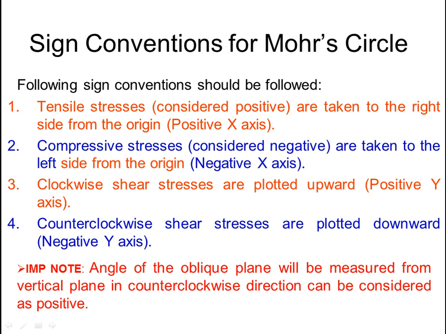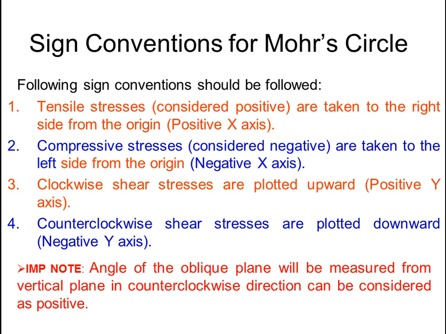So in a given problem, there are two types of stresses, either tensile in nature or shear in nature. The normal stress can be divided into two parts, one tensile and the other compressive. The compressive is negative in nature and tensile stress is considered positive in nature.